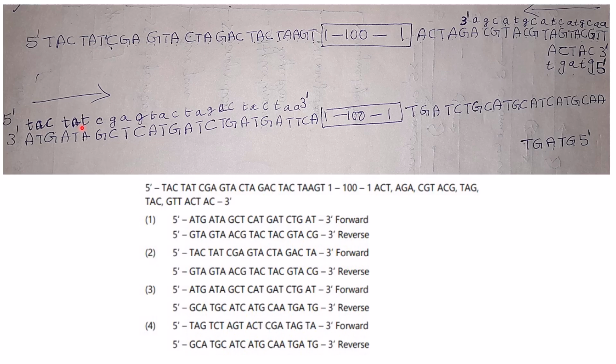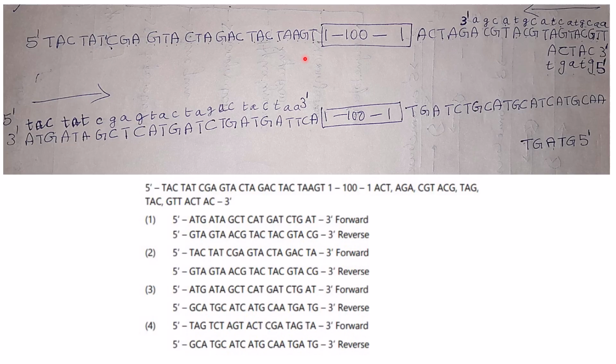So it will be TAC, TAT, CGA, GTA, TAG. If you see the sequence, this is the same sequence as given in this 5' to 3' strand. So if you want the forward primer, you can take the sequence of the 5' to 3' strand as your forward primer sequence.